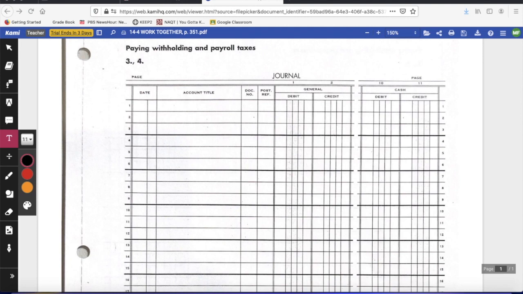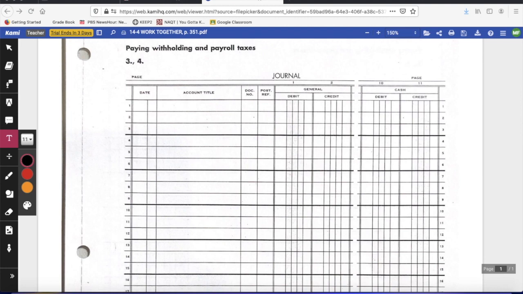So, you see on page 351, you have a date period of March 31st. Federal income tax withheld is $1,386. Employee Social Security tax withheld is $819, and employee Medicare tax withheld is $189.